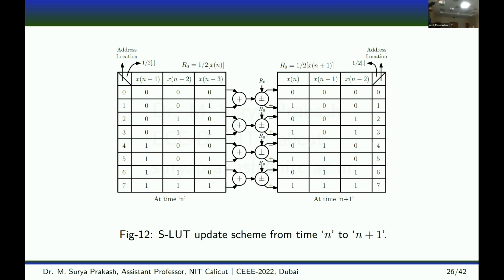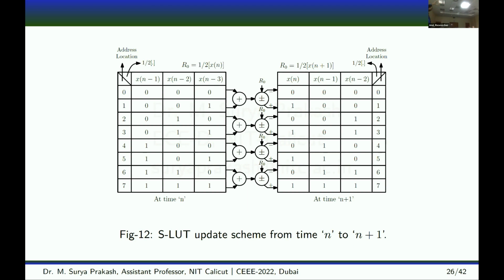In the first location, 0, 0, 0, 0, 0, 1. But in the second table, we see 0, 0, 1, 0, 0, which is nothing but the circularly right-shifted version of whatever is available in the left table. Similarly, on the left-hand side, we have in the second location 0, 1, 0. In the same second location of the right-hand side table, we have 0, 0, 1, which is nothing but the circularly right-shifted version of whatever is available in the second location of the left table.